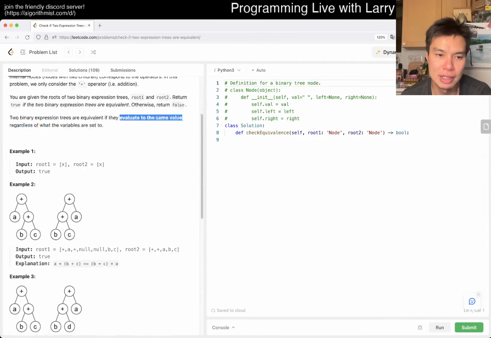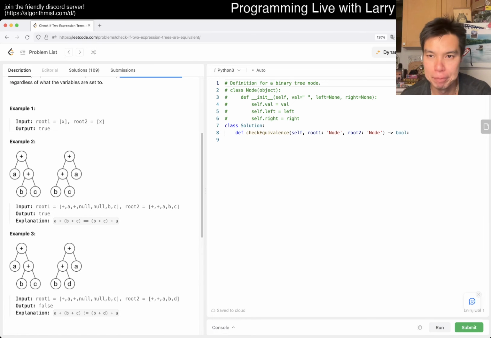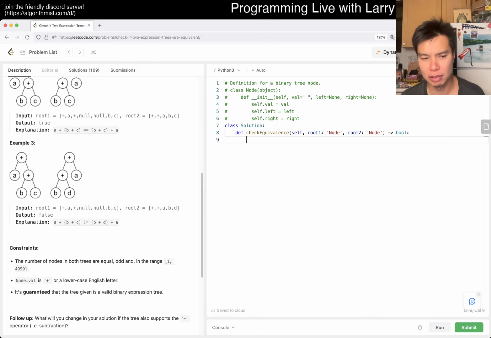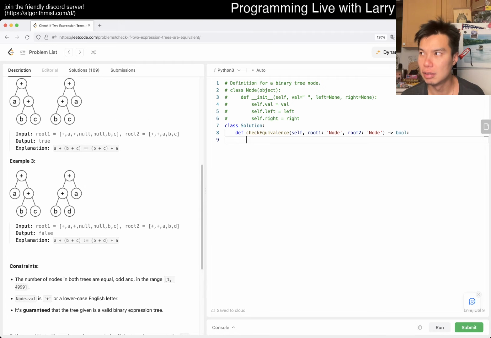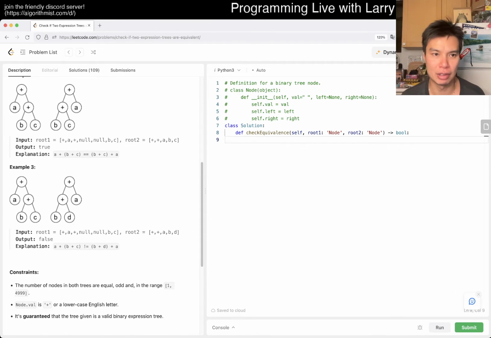So the idea here is just to do a traversal of tree one and then tree two, and then see if they have the same number of each variable, right? And that should be good. We'll think about the subtraction one afterwards, though it's not clear. No, I think that should be fine too. We'll talk about it in a sec. Let's do it.